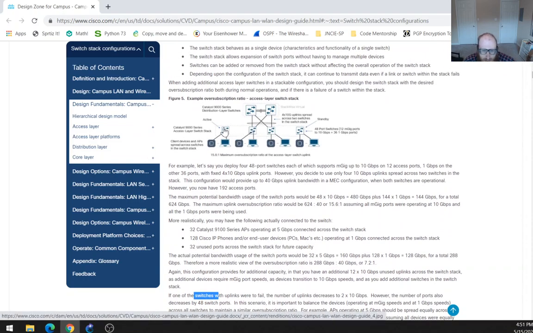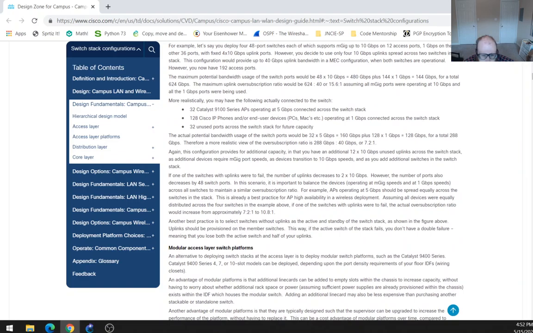If one of these access switches fails, that is connecting to the uplink, yes, you will lose your uplinks, but you'll also no longer have these devices. So you'll decrease your available bandwidth up to the uplinks, but you'll shrink your ratio down on both sides.